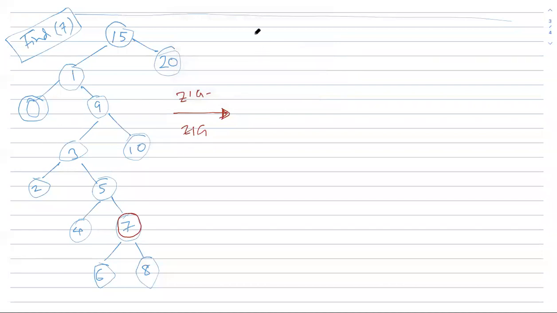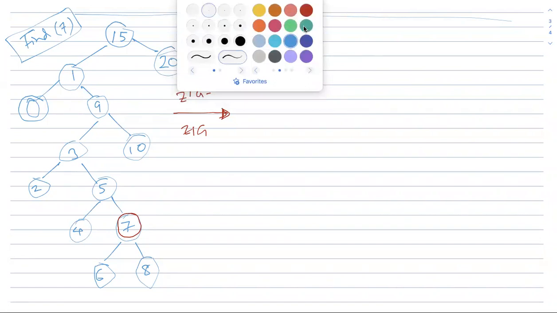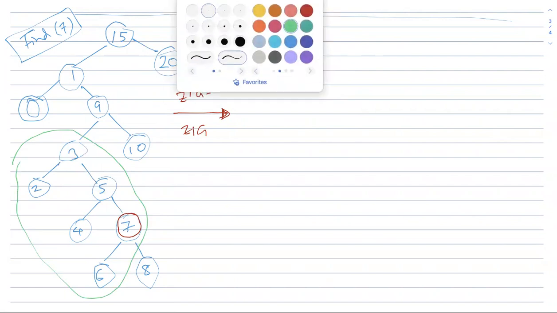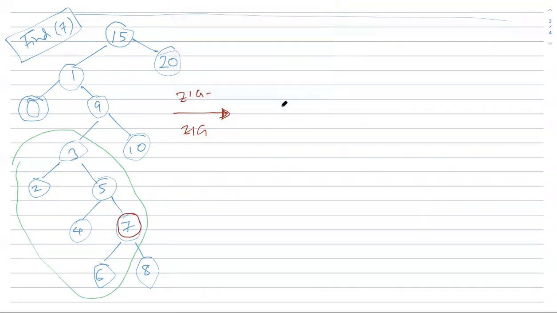So we are concerned here with this region. And we can see that 7 is a right child of a right child. So we are applying the zig-zig rotation.